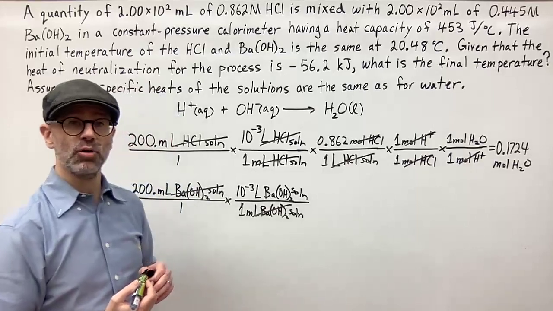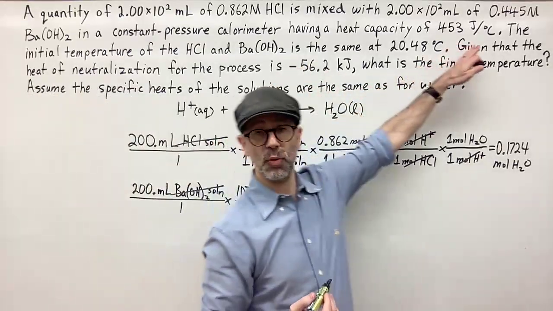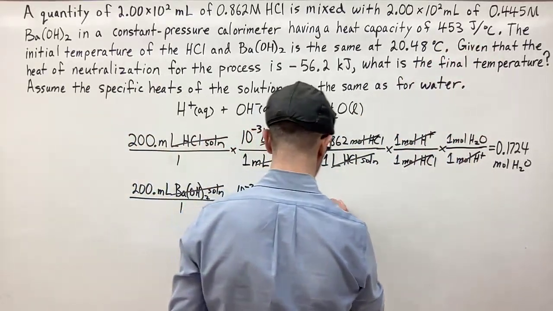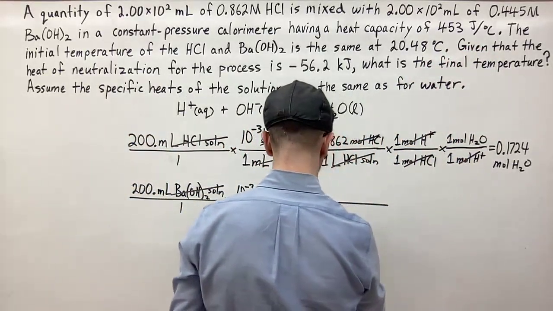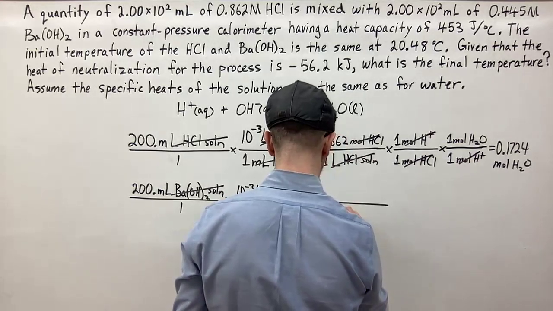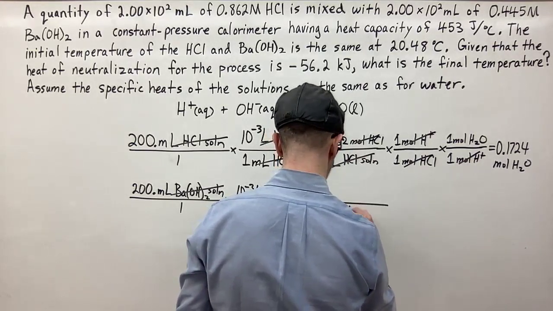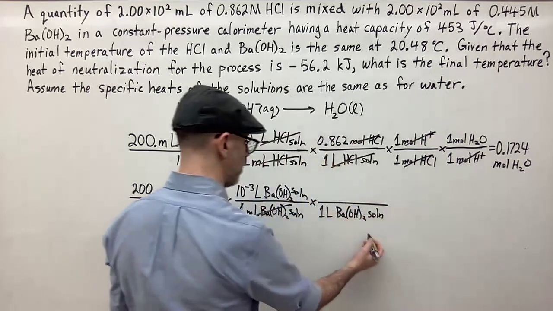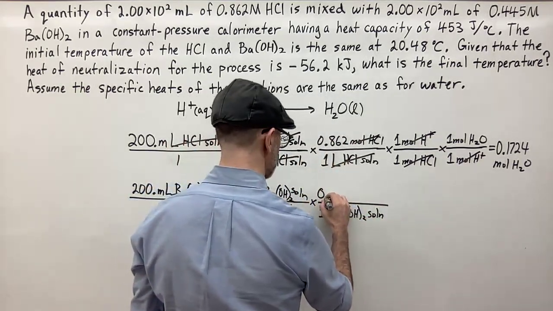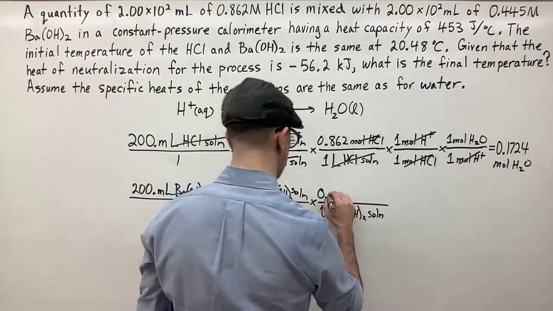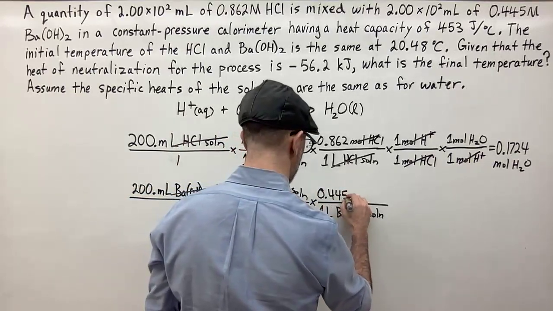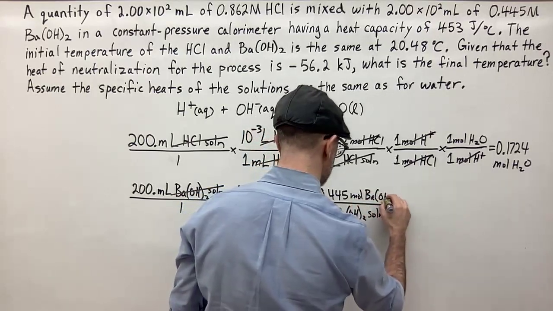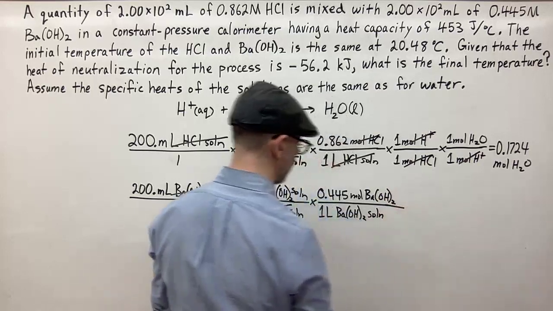Now I can use the molarity, 0.445 molar. So it's going to be 1 liter of the barium hydroxide solution on the bottom and 0.445 moles of the barium hydroxide.